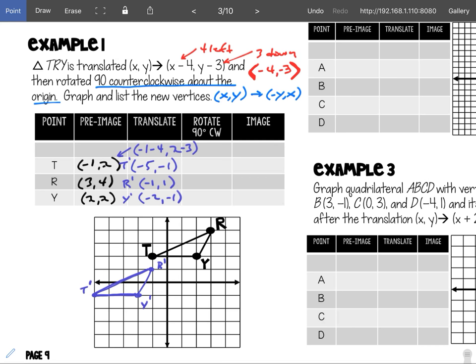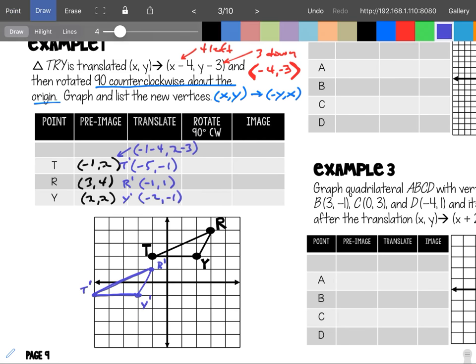So let's do that. I guess red will show up, so we'll go with red. So this is going to be T double prime. We got to switch the x and the y and take the negative of the y.